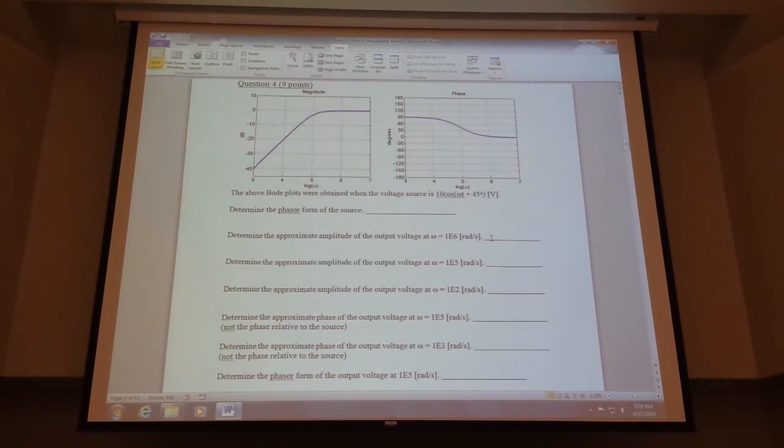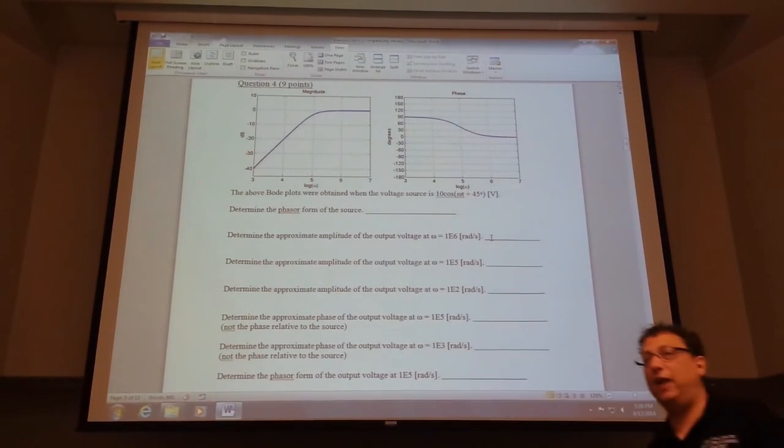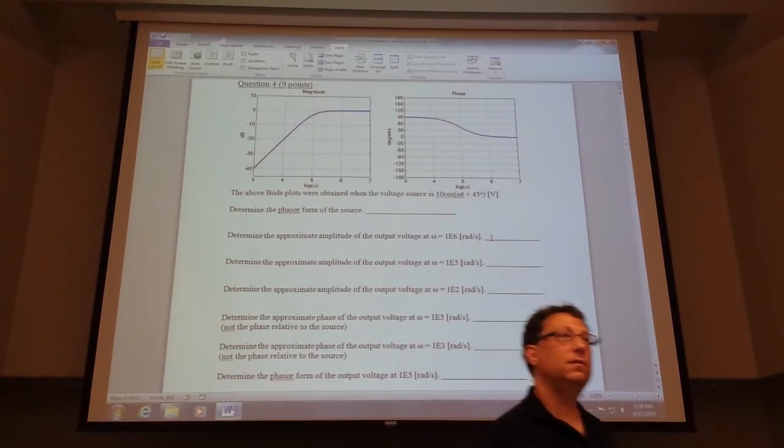Not half voltage. Half power is correct. 1 over root 2. So 20 log of 1 over root 2 is minus 3 dB. And so at 10 to the 5th, the amplitude of the output voltage is 10 over square root of 2. Right?